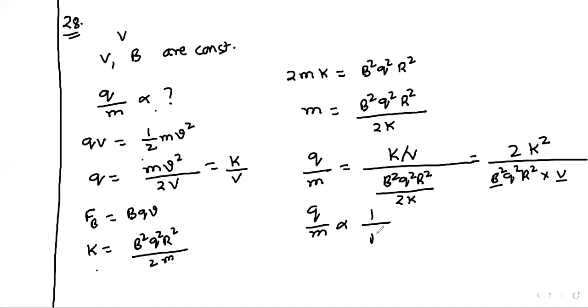So q by m is proportional to 1 by r square. So 1 by r square means option A.